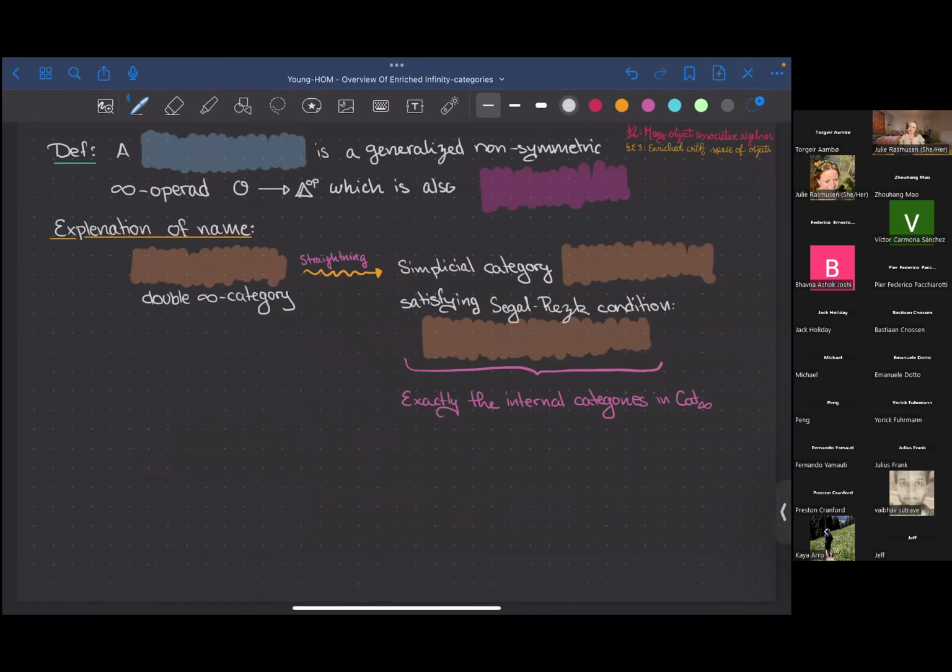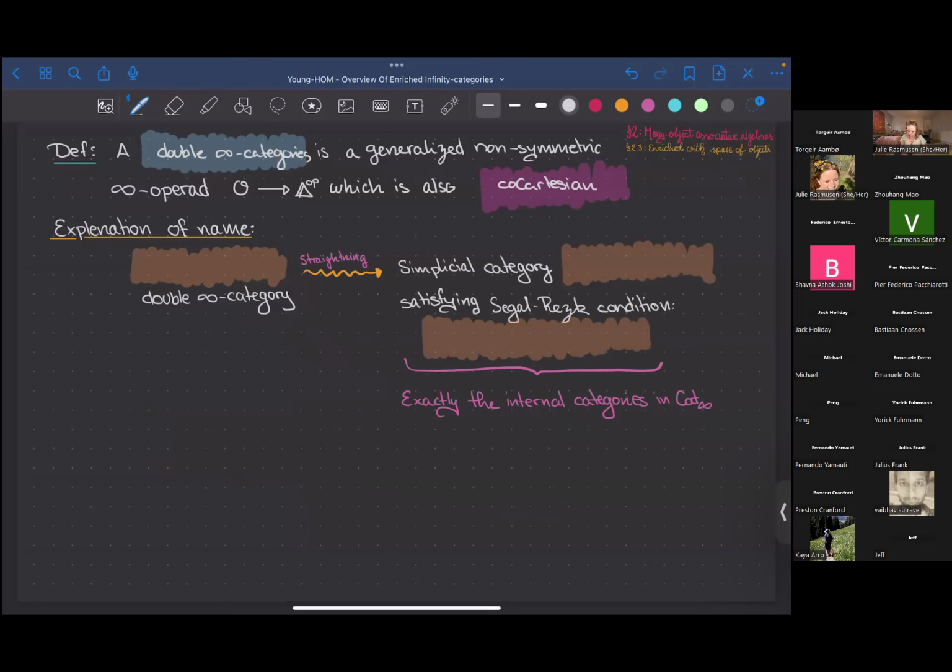But when we're looking at generalized non-symmetric infinity operads, we call these double infinity categories, if the infinity operad is, again, co-Cartesian. So the double infinity category is the generalized version of a monoidal category. And there is a reason for the name.